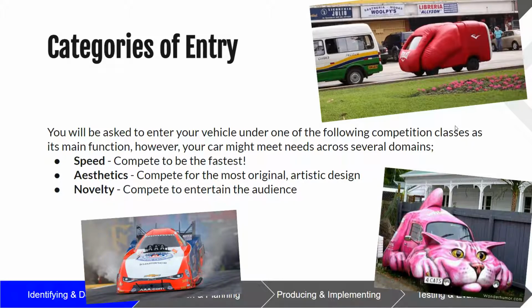You can compete under speed, in other words, who's the fastest, aesthetics, so the most original artistic design, and even a novelty category, rather. So those who are competing to entertain the audience. And you would think here that the cat design is more aesthetic, whereas a car that's designed as a boxing glove, well, that's probably more on the novelty side of things, but those two blur together pretty well.